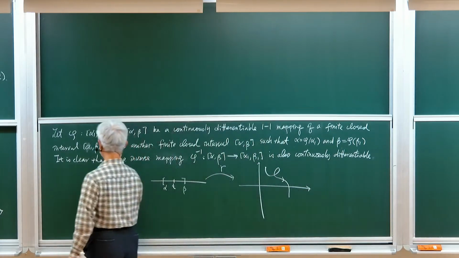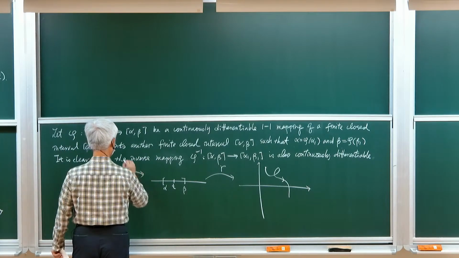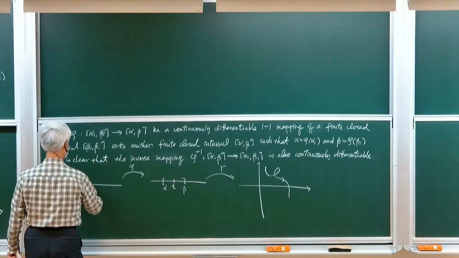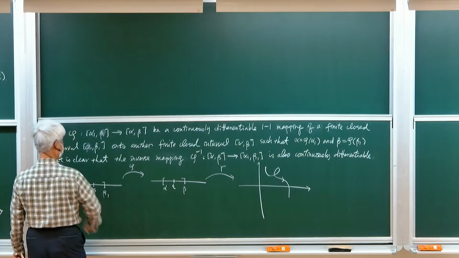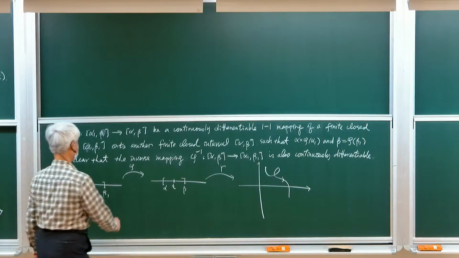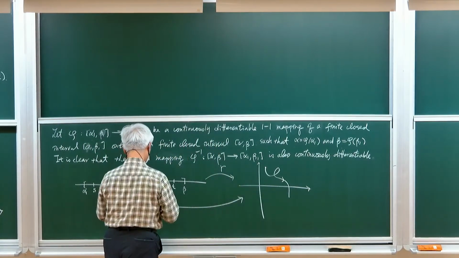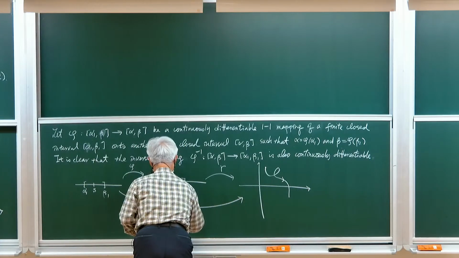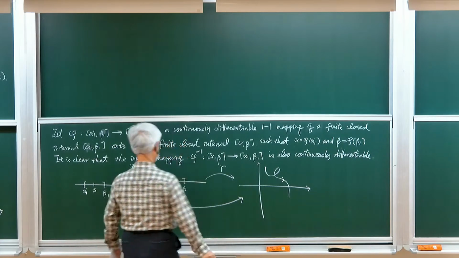And we have a one-to-one mapping from alpha 1 to beta 1. So this is x here. And now we define the composition of gamma and phi to be gamma 1.